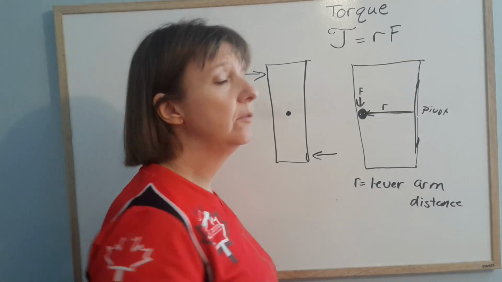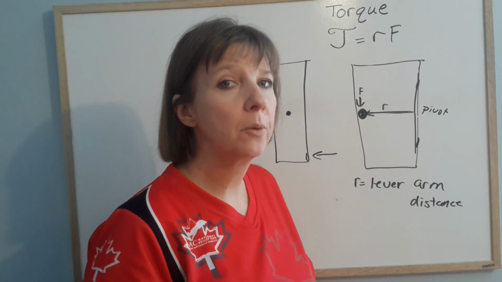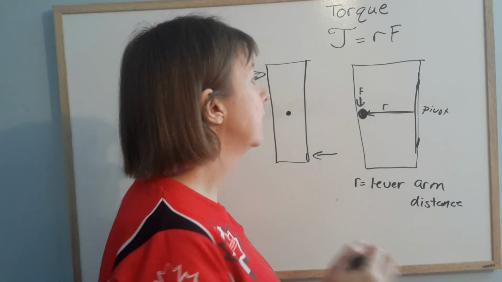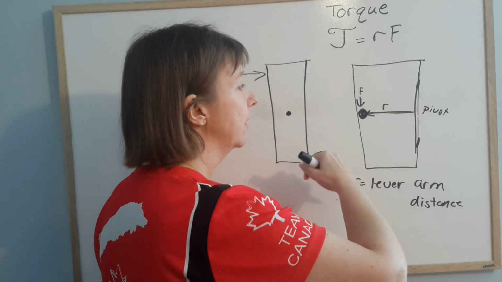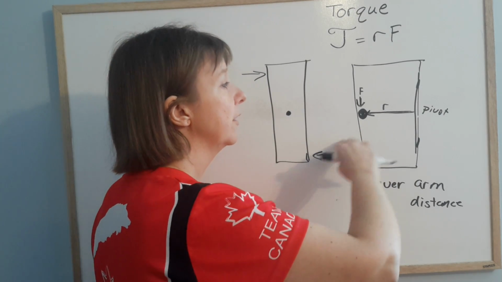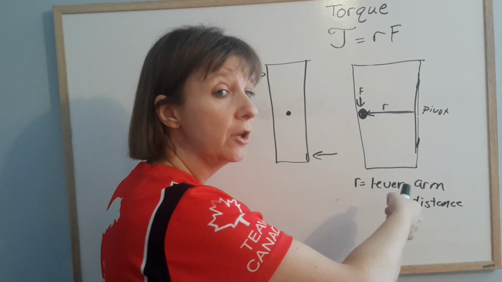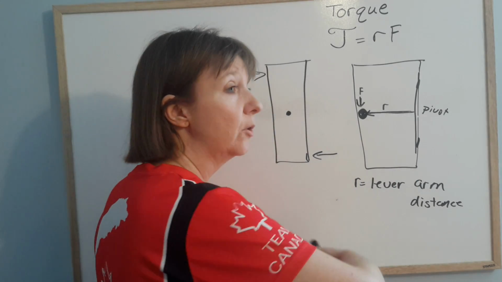The force and the lever arm are always going to be perpendicular to one another. That's really important. So in this case, think about a door. The lever arm distance is going across the door, but you are applying a force in or out.